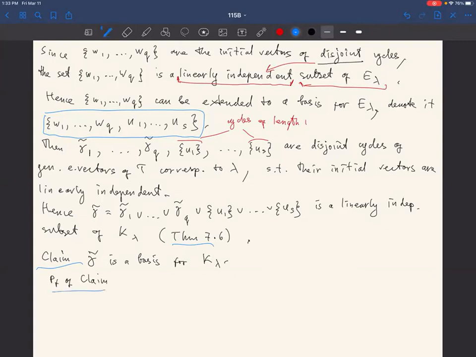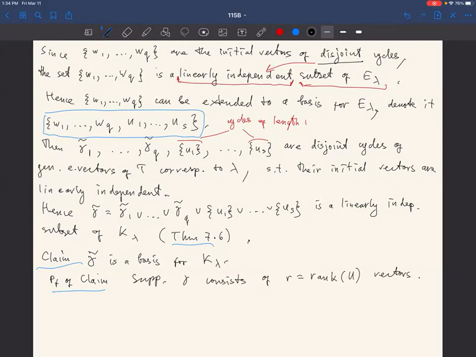Proof of the claim. So suppose gamma consists of R vectors, which we take to be the rank of U. Let's denote the size of gamma by R. So we know that gamma was a basis for the range of U, right?